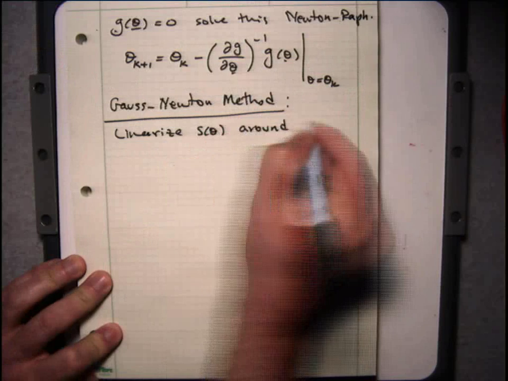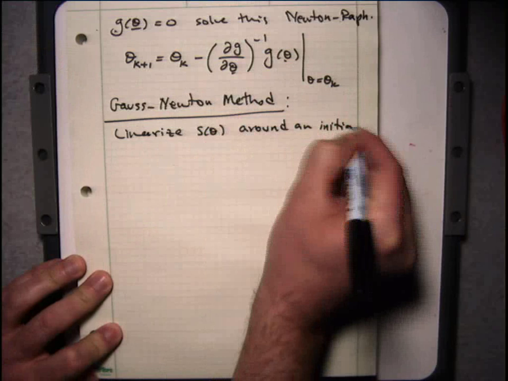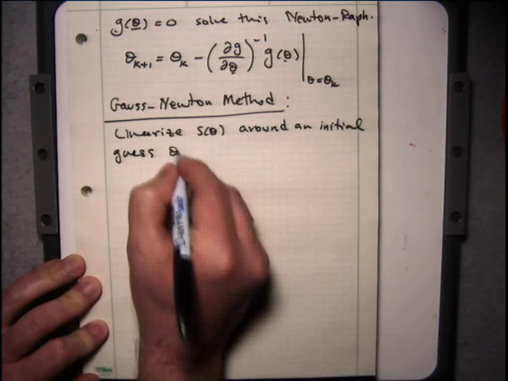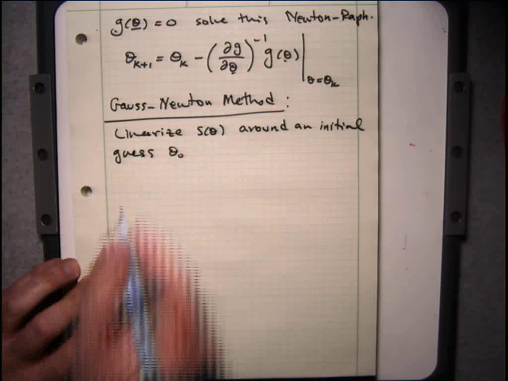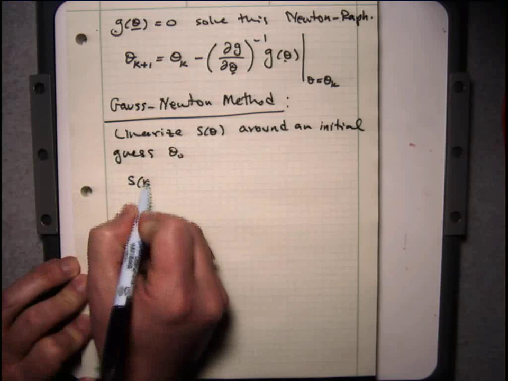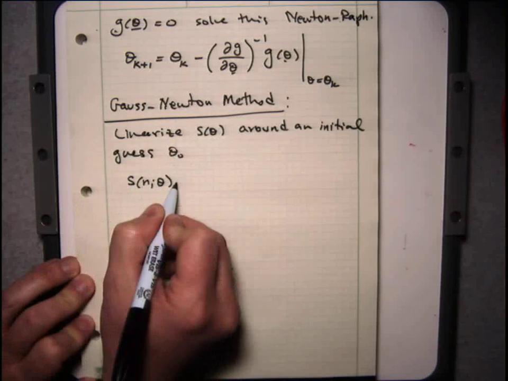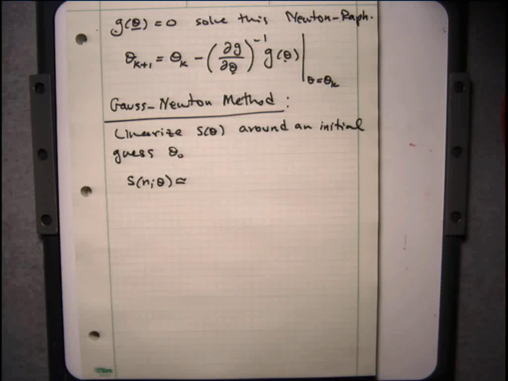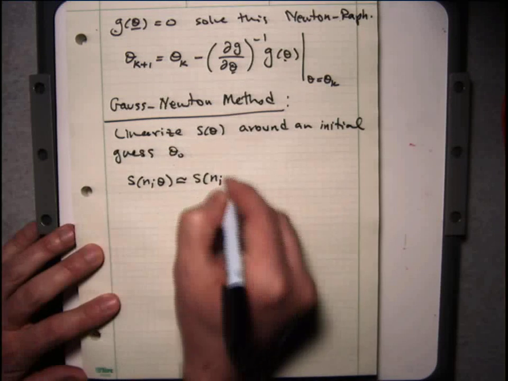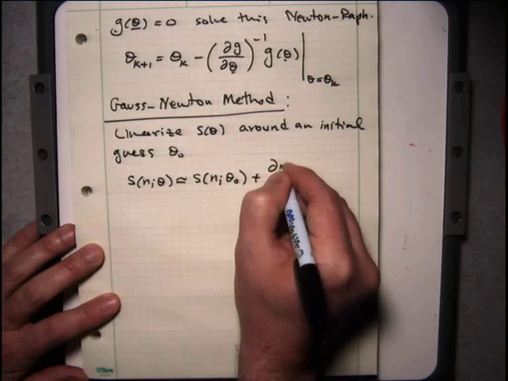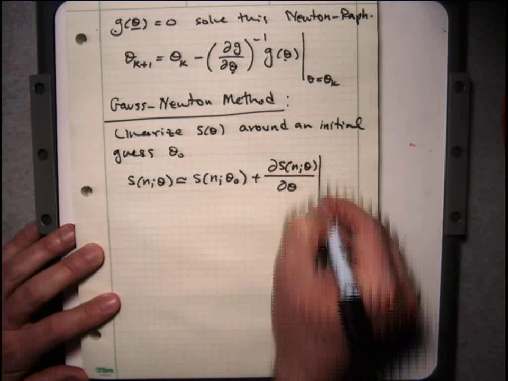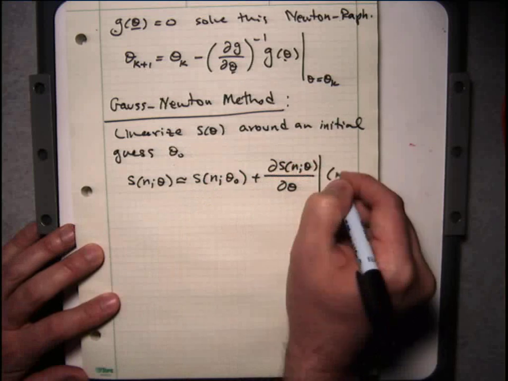Around an initial guess, let's say theta 0. In the scalar case, let's just use the Taylor series. So this would be s of theta 0 plus the derivative evaluated at theta 0 times theta minus theta 0.